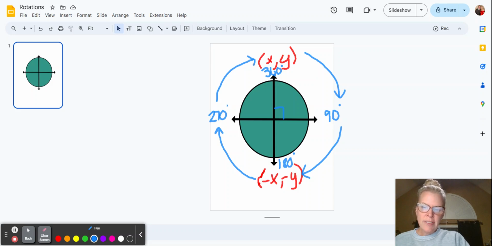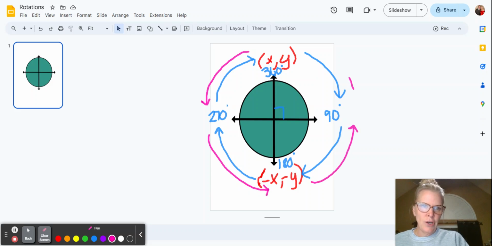So you have to say what's the opposite of clockwise, and it's going the other direction. The other direction, the pink directions, is counterclockwise.